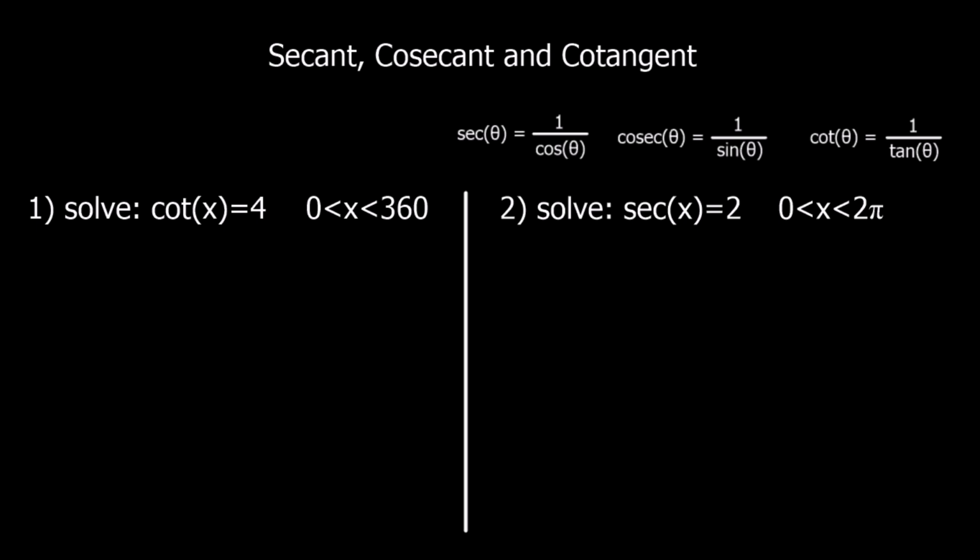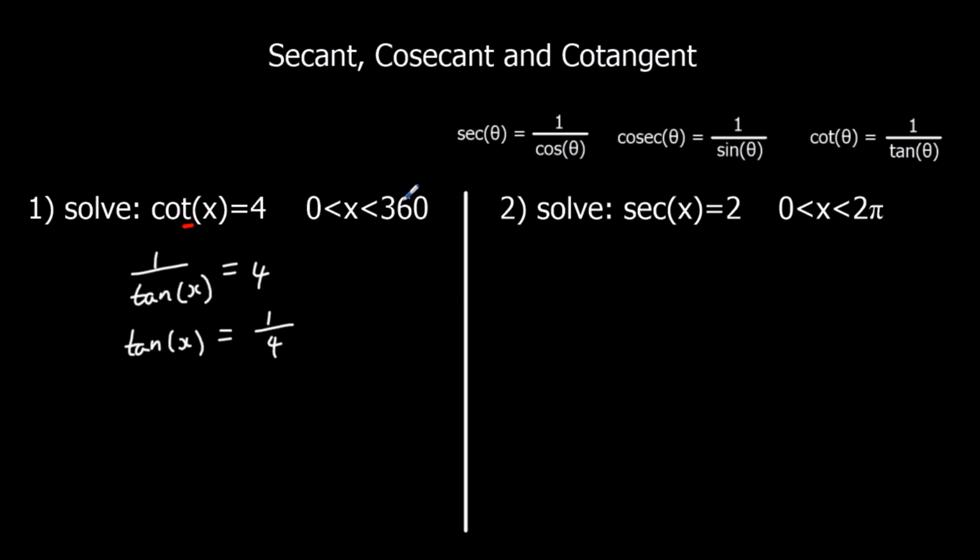Okay, so the first one, we've got cot x equals 4. So we're going to change cot to tan. So 1 over tan x equals 4, which means tan x is 1/4.